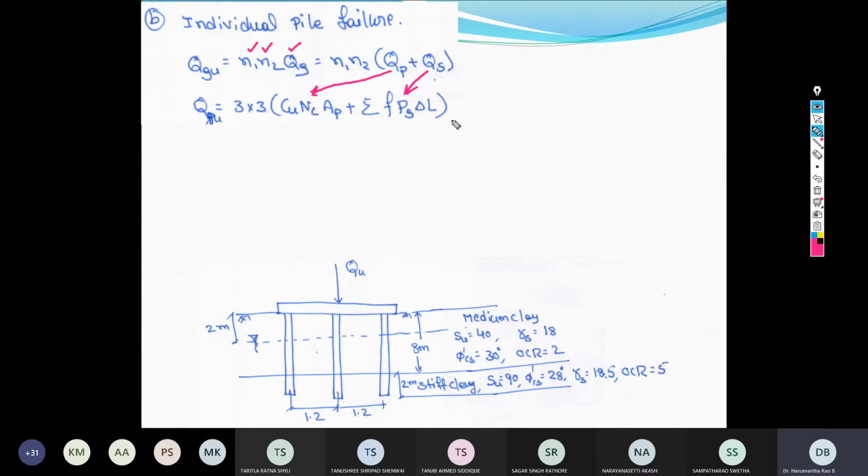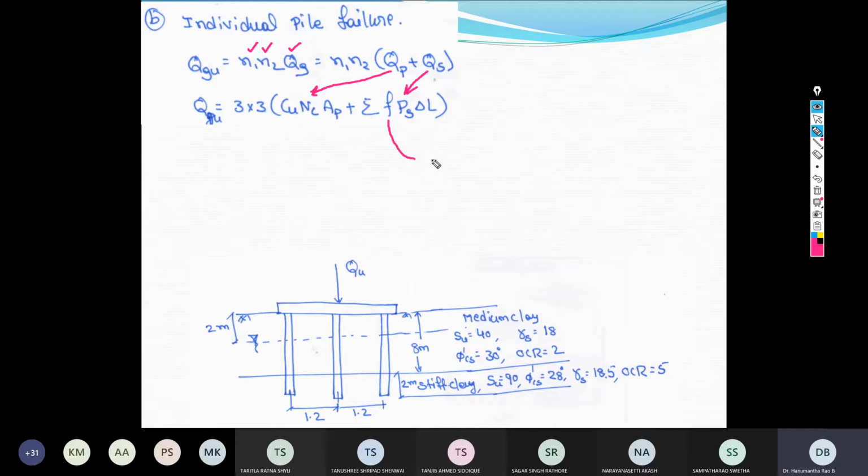when you consider the block failure mode, you did not take into account the unit skin friction. But when you calculate the skin friction for an individual pile, you must take into account the unit skin friction. So in case of the individual pile, one of the important aspects that everyone should remember is how to calculate the skin friction.